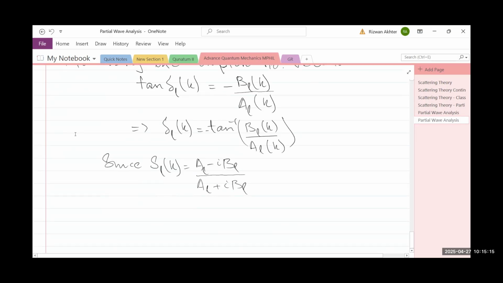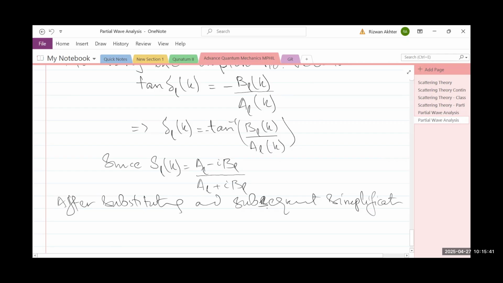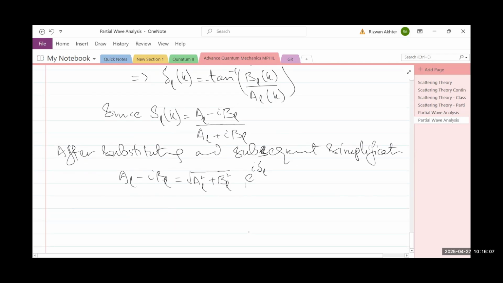So we can in fact always substitute, and after substitution and subsequent simplification, you would have A sub L minus iota B sub L, which equals under root A sub L square plus B sub L square times e to the power iota delta L. So you can always think about this factor.